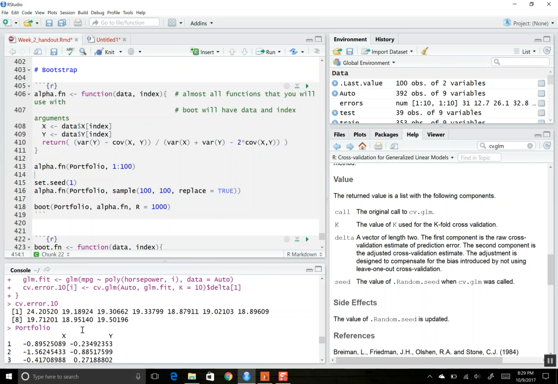And this is some fictitious data set, okay? And what we're doing is we're going to try to figure out how much to invest in investment X and investment Y.